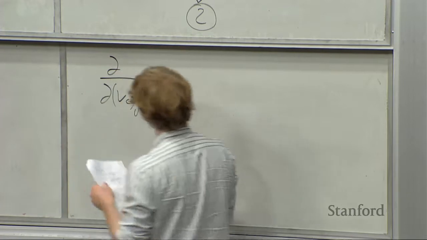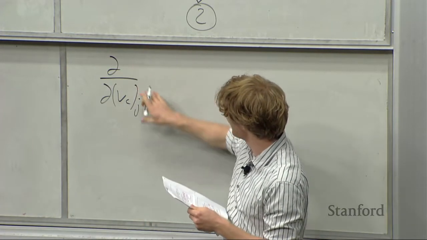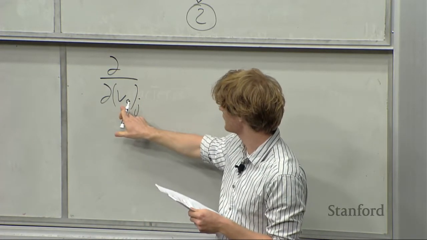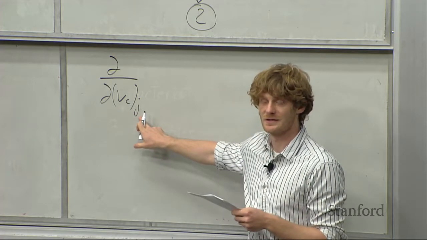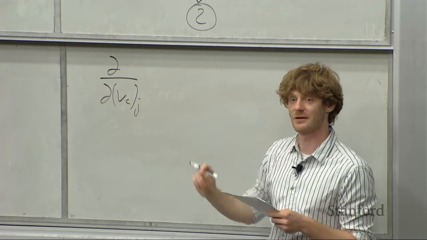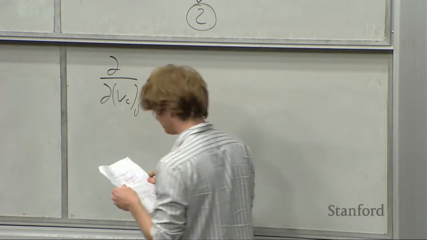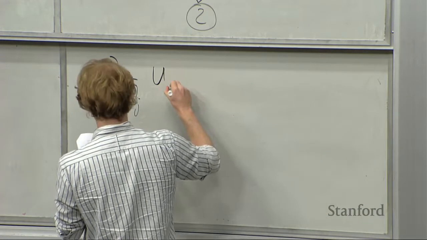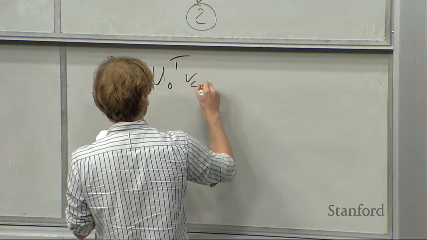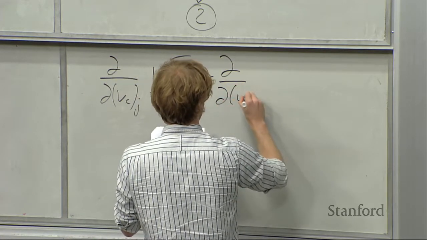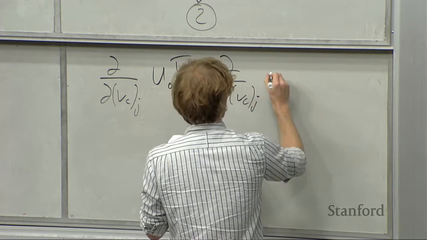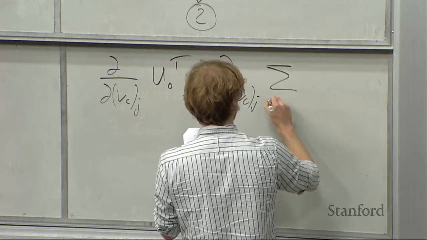So when I write this derivative of something with respect to V_c, which is a vector, the context vector, and then have a second subindex here, j, that's just the jth element of that vector. And we can just write U_o transpose V_c as essentially the same as writing this out as a sum, right?